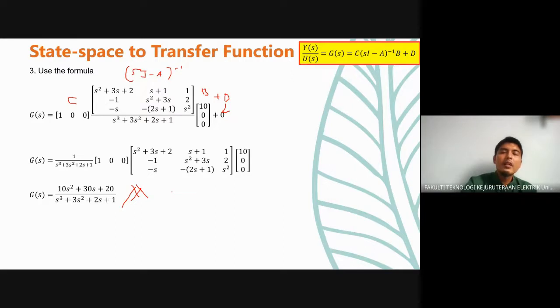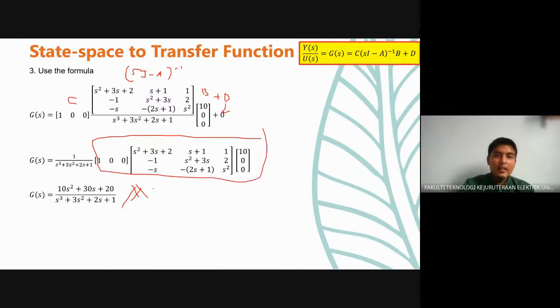Okay, I give you a hint, a tip in order to solve this kind of question faster. All right, you know that your C is 1, 0, 0. So in this case, everything multiplied with 0 will become 0.